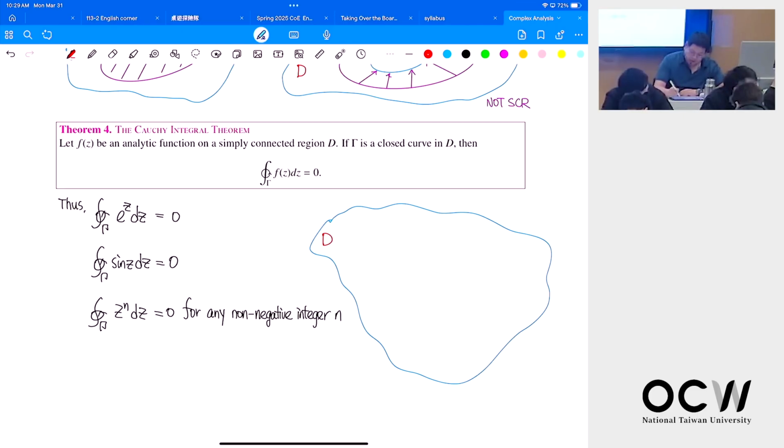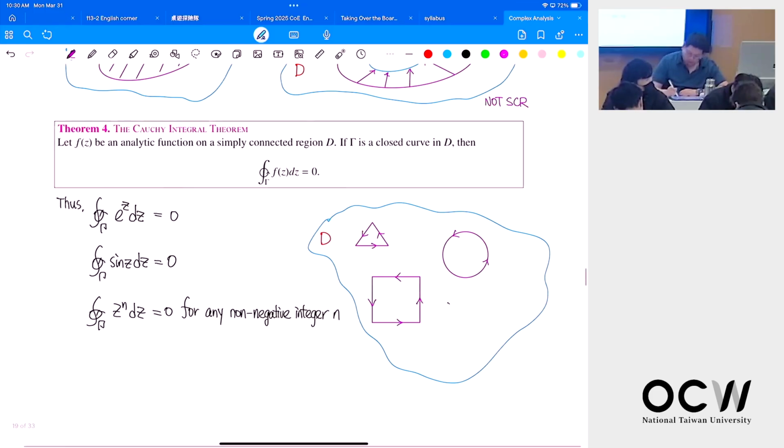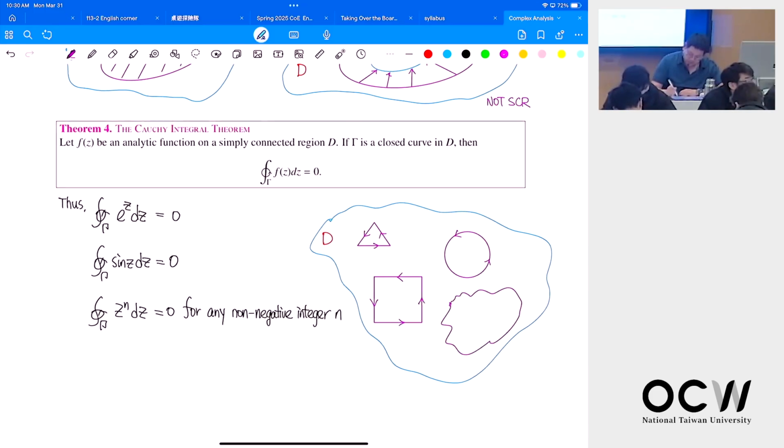So inside this simply connected region, any closed curve, for example, a triangular curve, a circular curve, or if my curve is rectangular, or any shape, as long as it is closed, then the integration will always be 0.